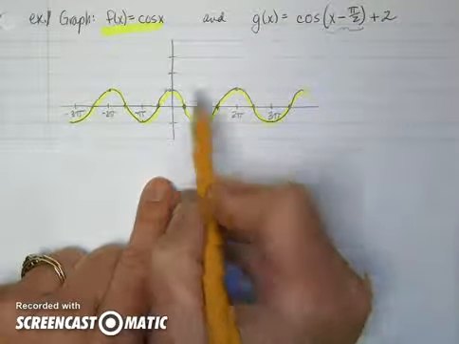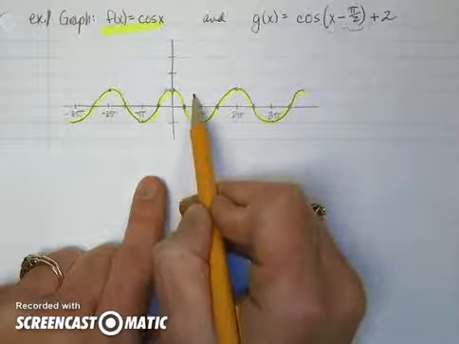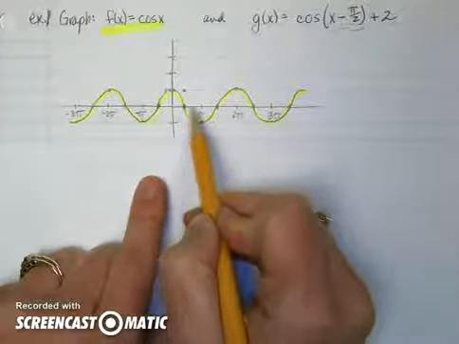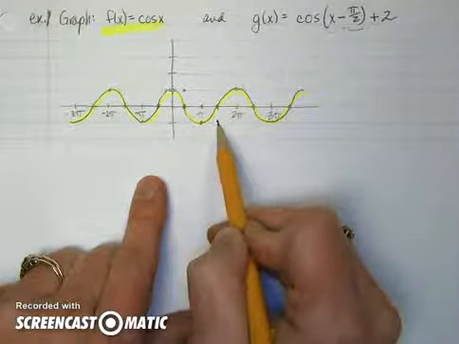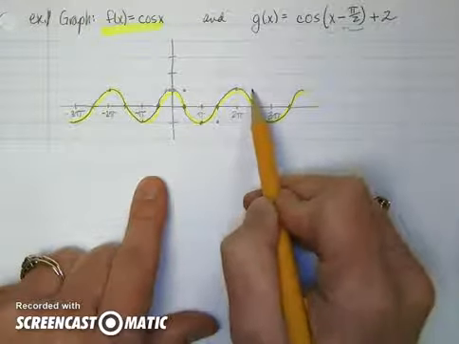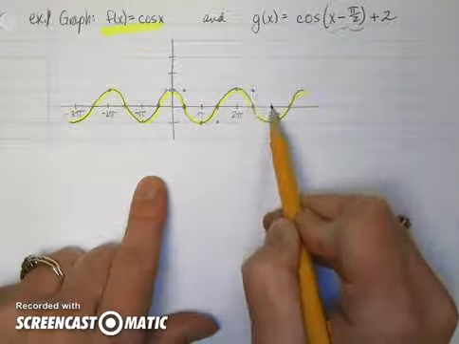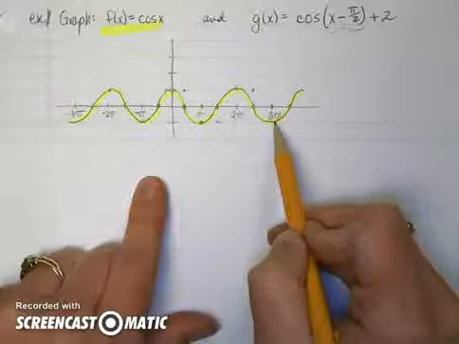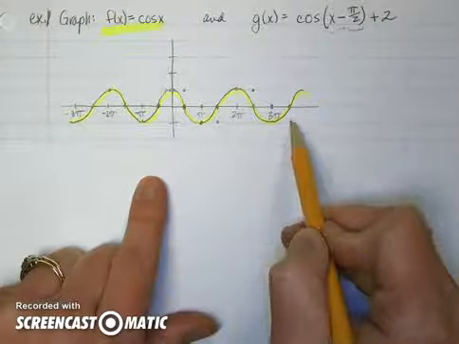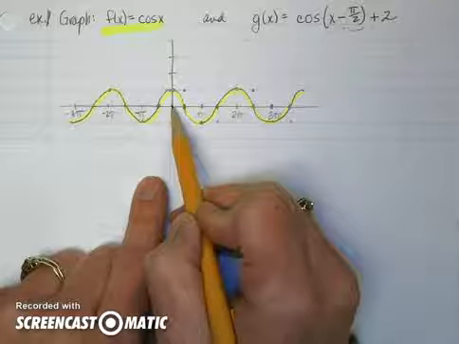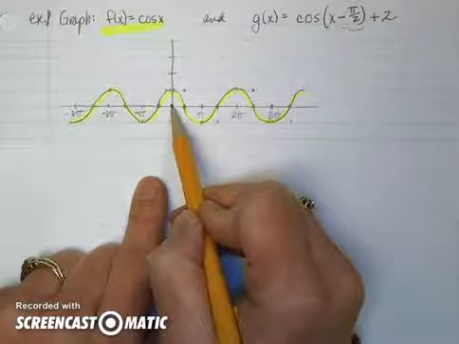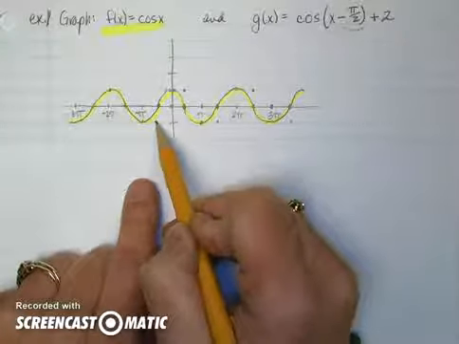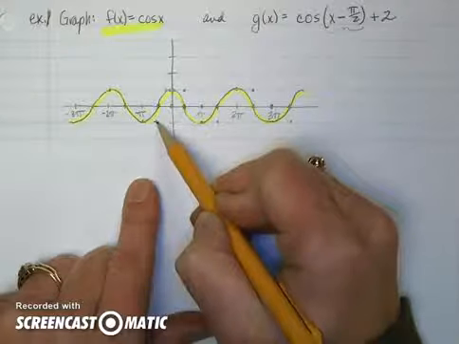So this point would become here, and this point would go here, and this point would go here. Everything gets shifted by pi over 2. This point would now be here. So my graph is looking something like this.